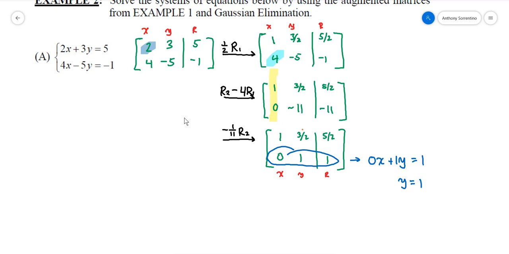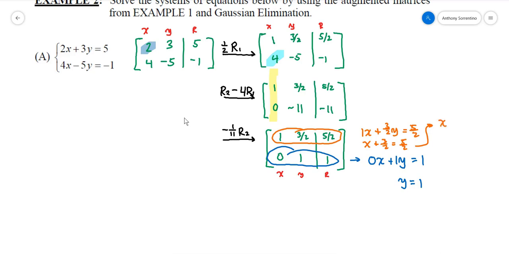This row, and I would usually start from the bottom row and work my way to the top. So if I had more rows, because it was a 3 by 3, I would start at the bottom and work my way to the top. This is saying that 1x plus 3 halves y equals 5 halves. Now knowing that y is 1, x plus 3 halves equals 5 halves.